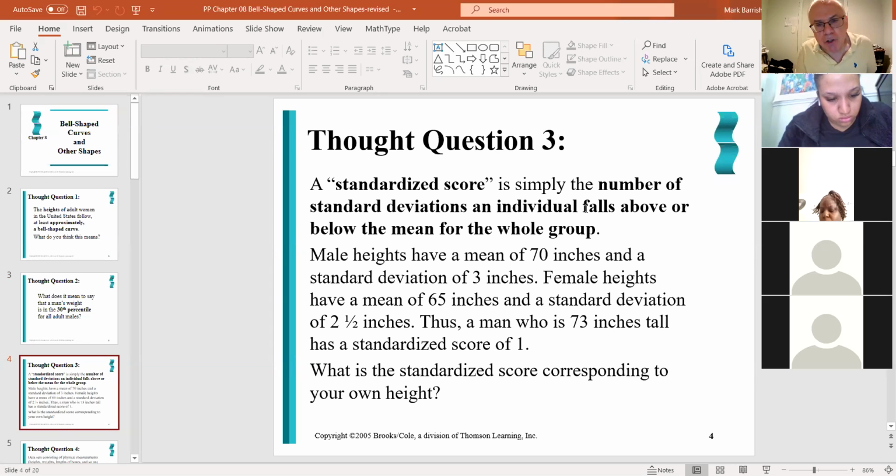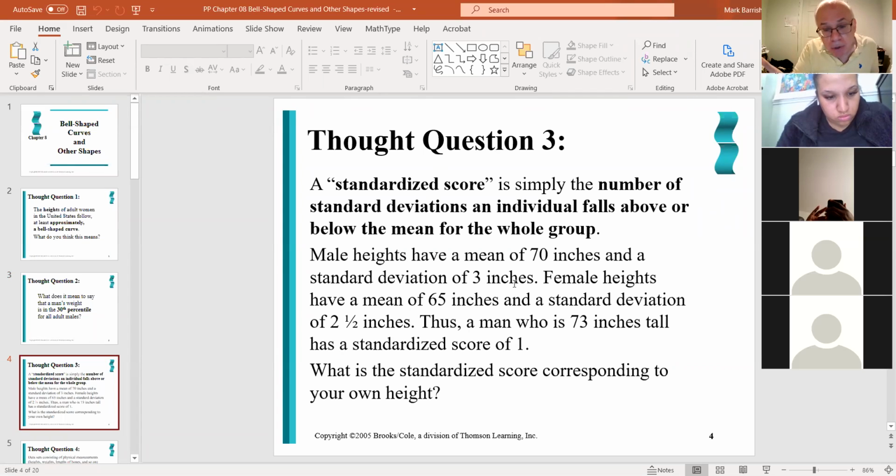Let's say you scored 600 on the verbal SATs out of 800. The 600 is considered a raw score. But what they would tend to do is give you what's called a standardized score, where you do a little calculation to convert that raw score into a score which lets you compare yourself to other people who took that particular test.